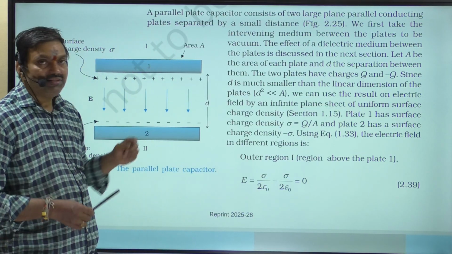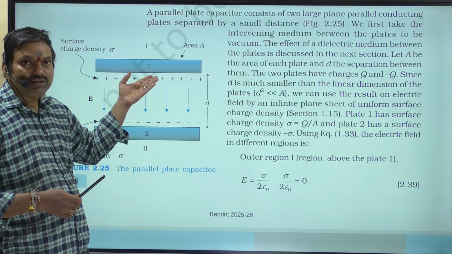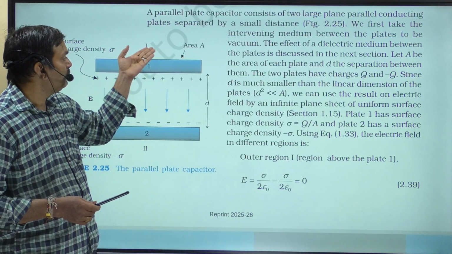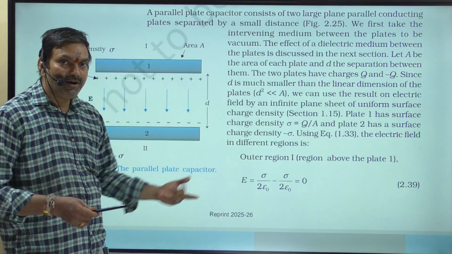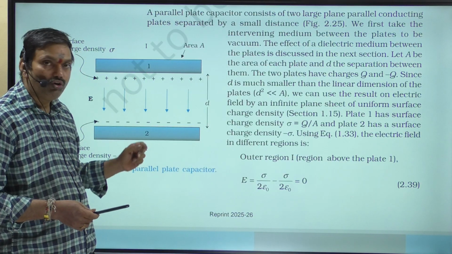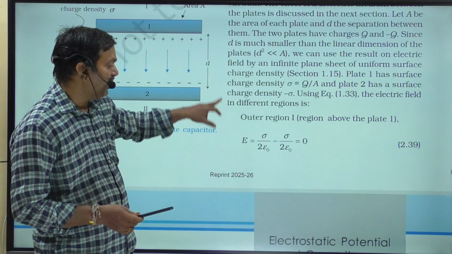So in region 1, the net electric field is 0. Fine. Why? Because when you superimpose, the total electric field becomes 0. That is, the electric field due to sheet 1 as well as sheet 2 must be added, and that is going to result in a 0 electric field.